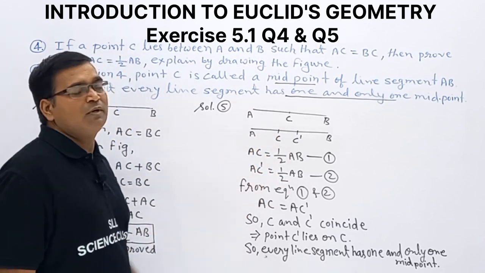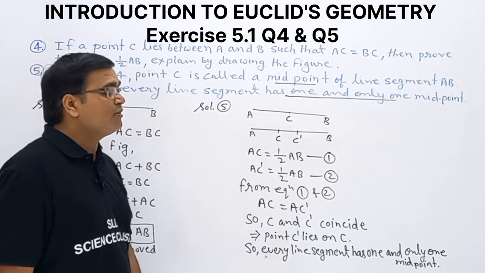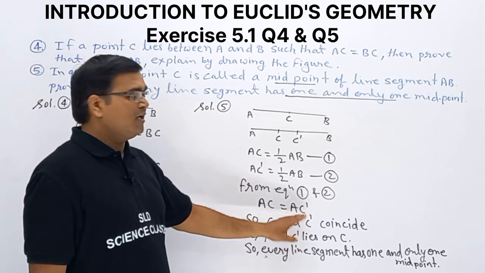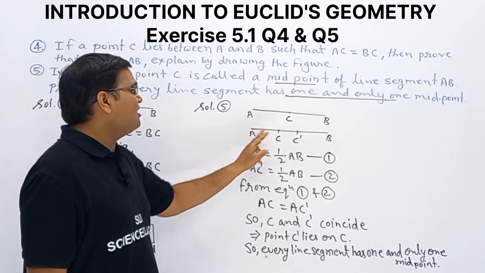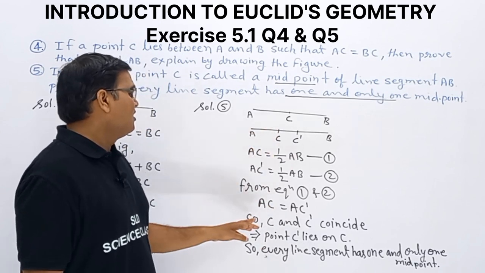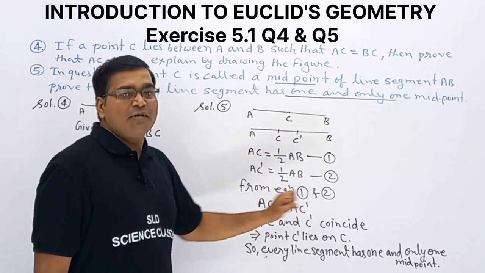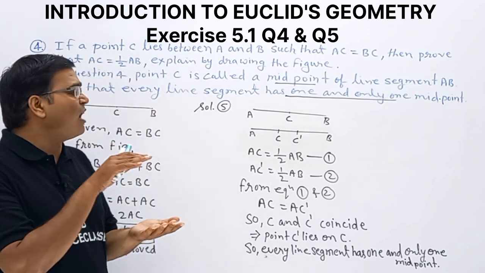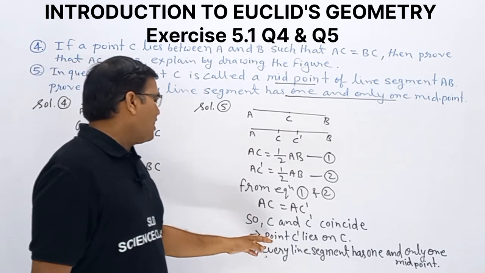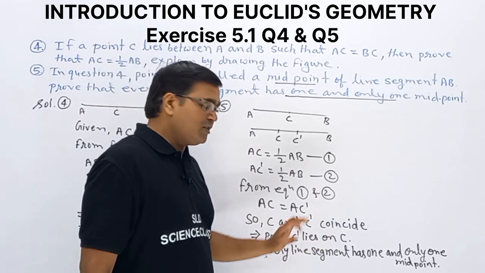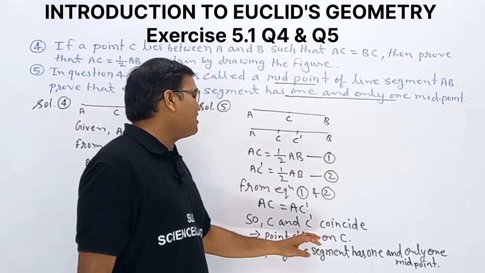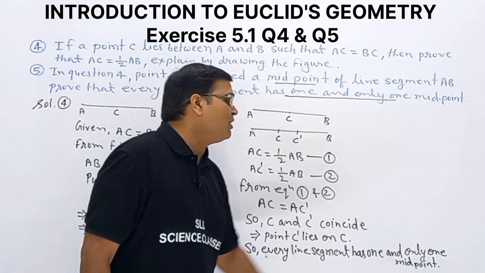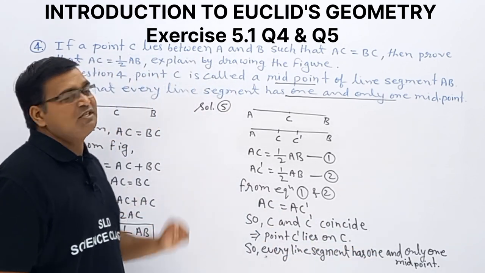Comparing both equations, the right-hand sides are equal, so the left-hand sides are equal: AC equal to AC dash. It means C and C dash coincide. Coincide means overlapping, so point C dash lies on C. So every line segment has one and only one midpoint. We proved this.